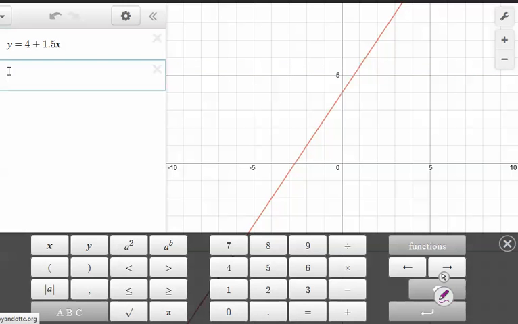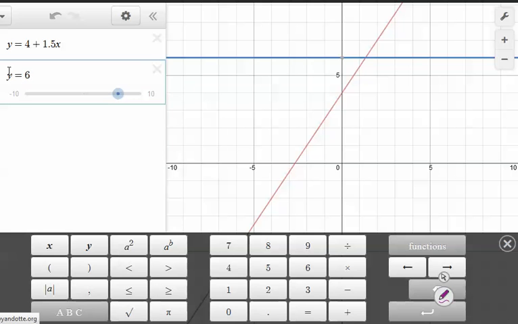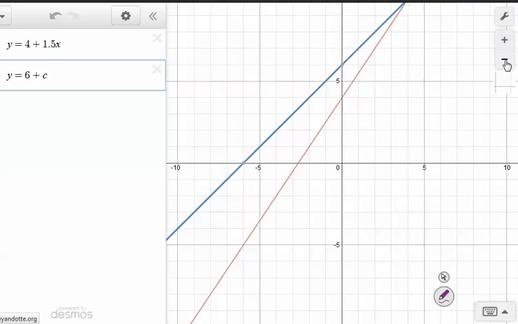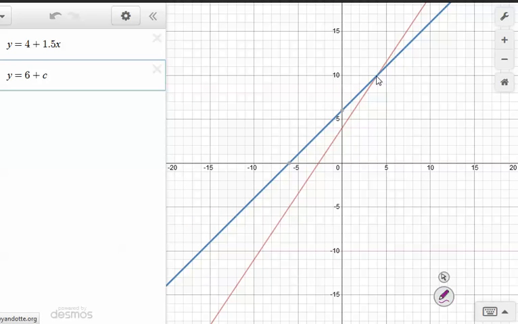And then my other one was y equals 6 plus x. When I do that, I can zoom in and zoom out, and look right here to find out where they meet.